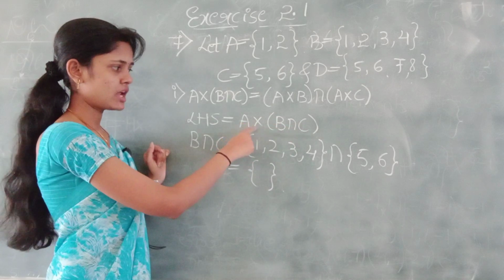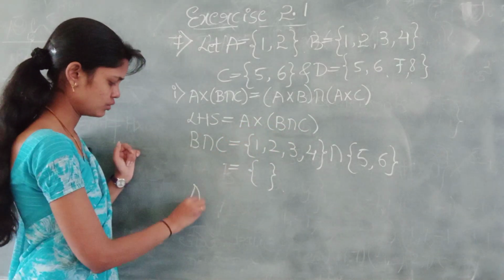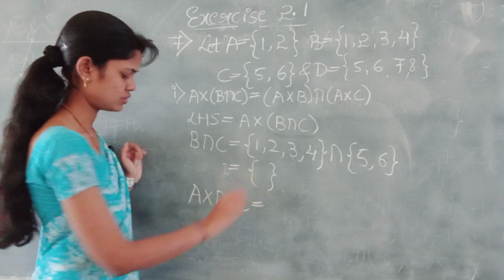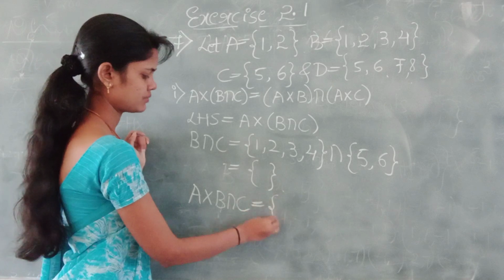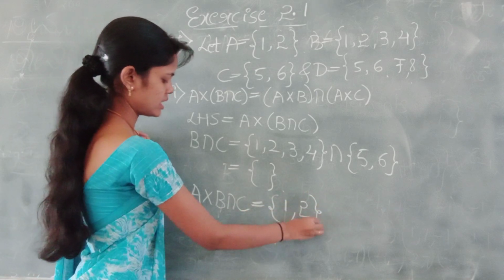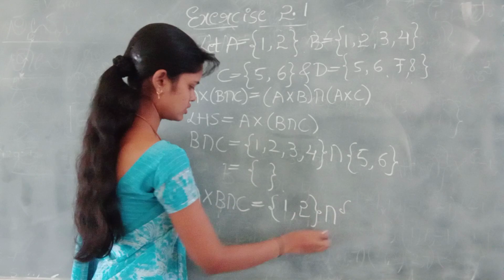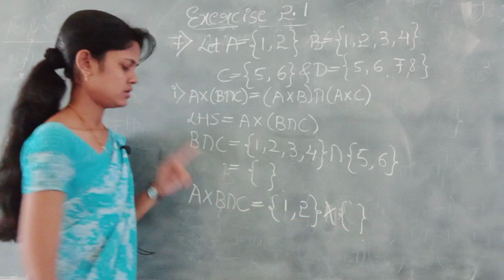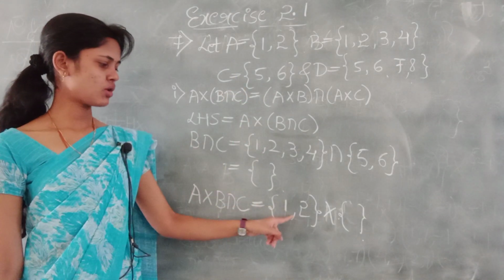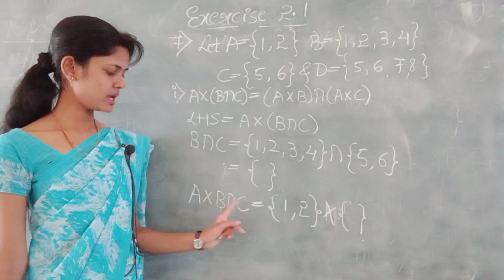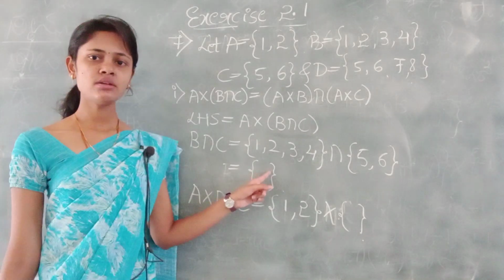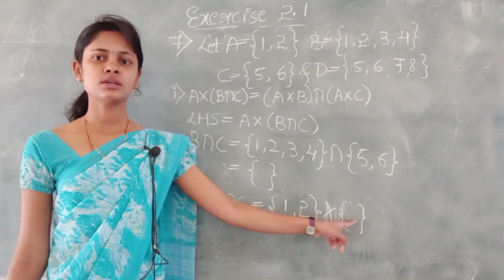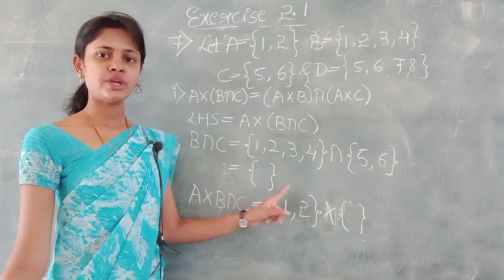Then A cross (B intersection C) is equal to A, which is {1, 2}, cross the null set. Already we found that B intersection C is a null set.